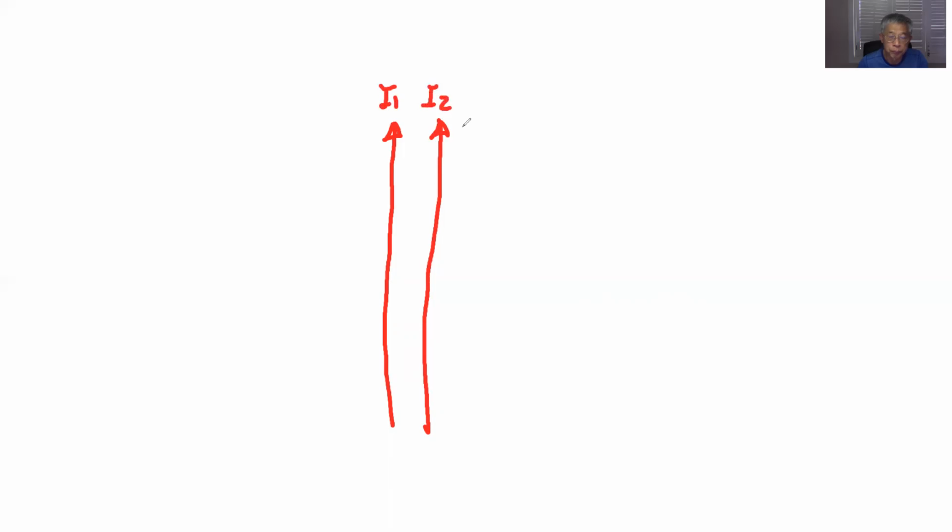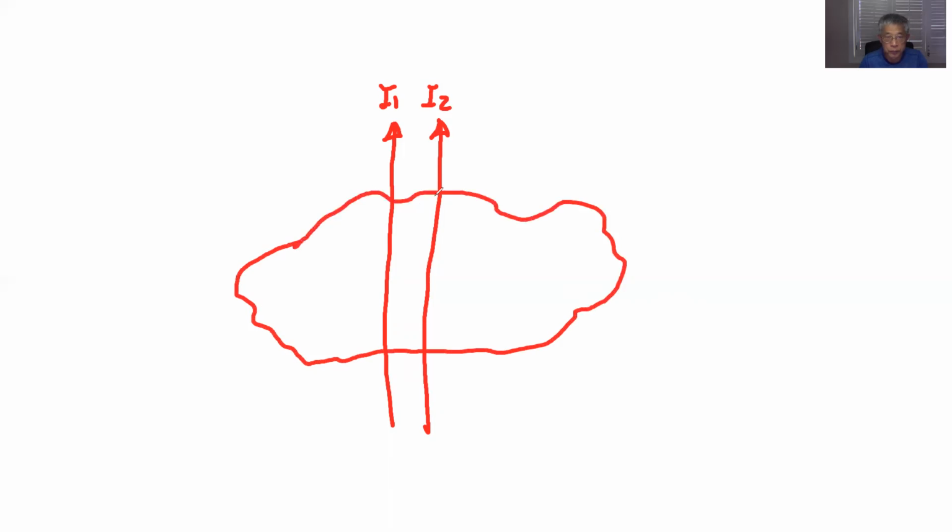So Ampere's law says the following: if I have current, it doesn't have to be one, it can be multiple, it can be 2, 3, 4, but let's just draw two of them right now. And then you are looking at a closed path. The closed path is surrounding these two, okay?